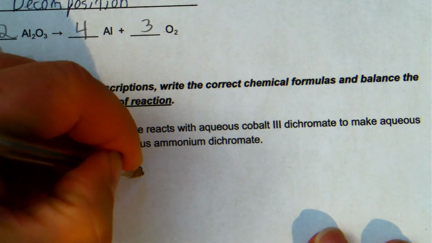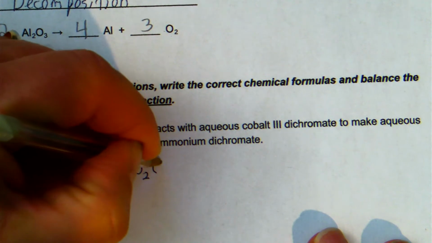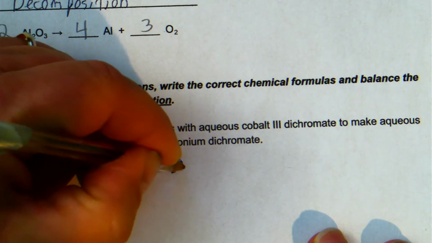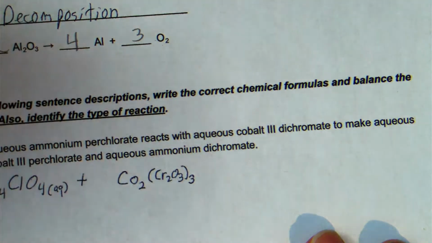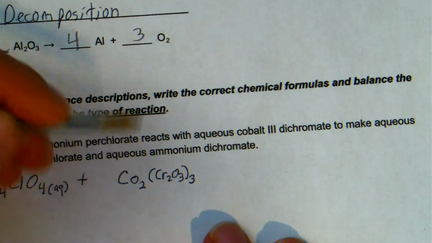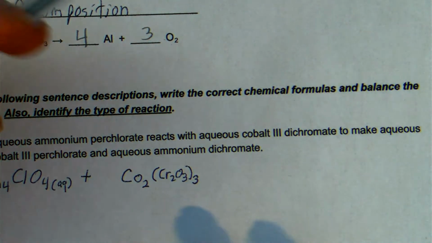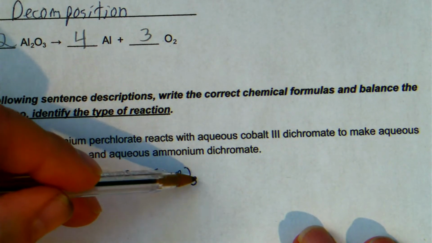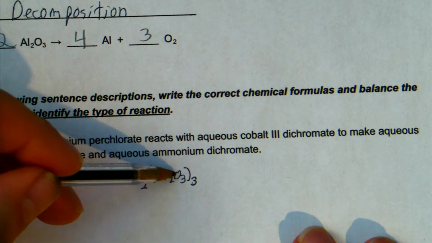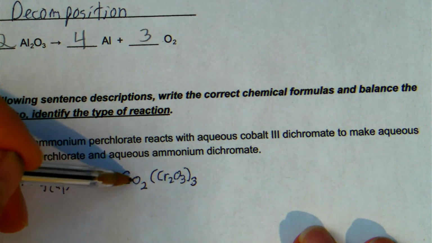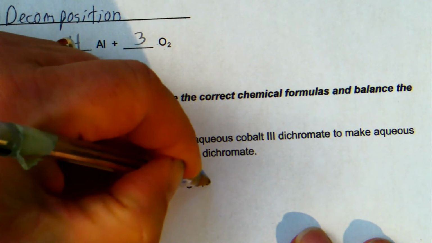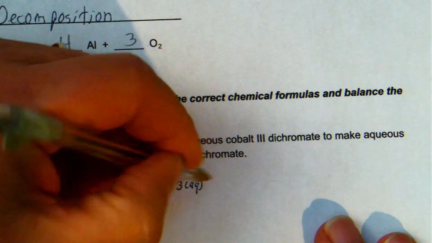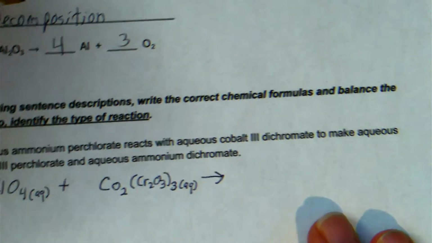I will need 2 cobalts, then open parentheses, Cr2O7, close parentheses, subscript 3. So I've done my crisscross so that I have 3 groups of -2 charges to balance 2 of the +3 charged cobalts. All of this is aqueous, so in parentheses, aq, to make, arrow pointing to the right.